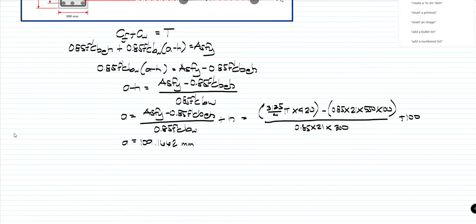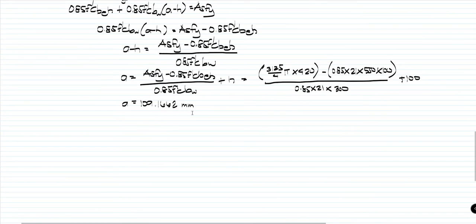After we have the depth of compression block, syempre, proceed tayo in getting the value of C, or the distance of the neutral axis from the extreme compression fiber. So, that will be C is equal to A over our beta 1. So, this comes from the NSCP equation.